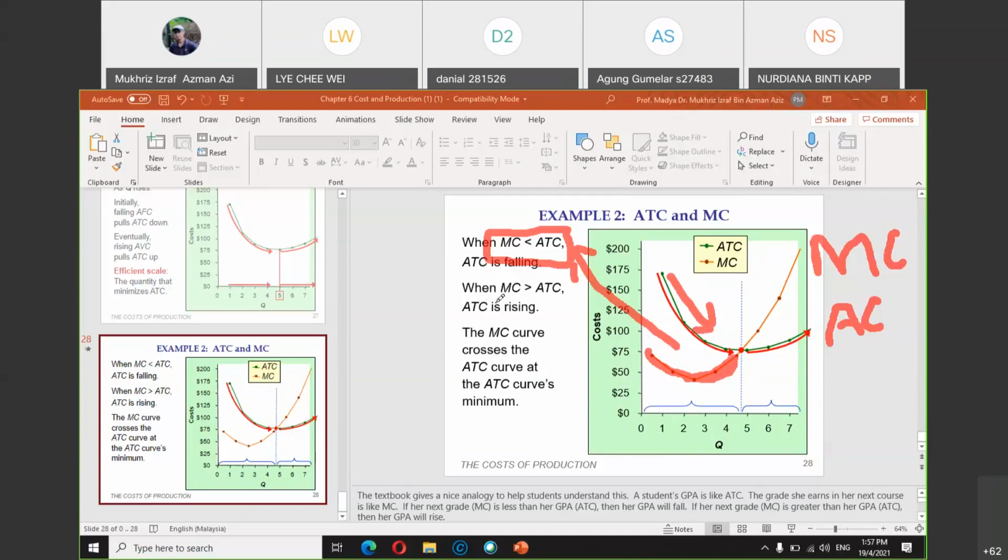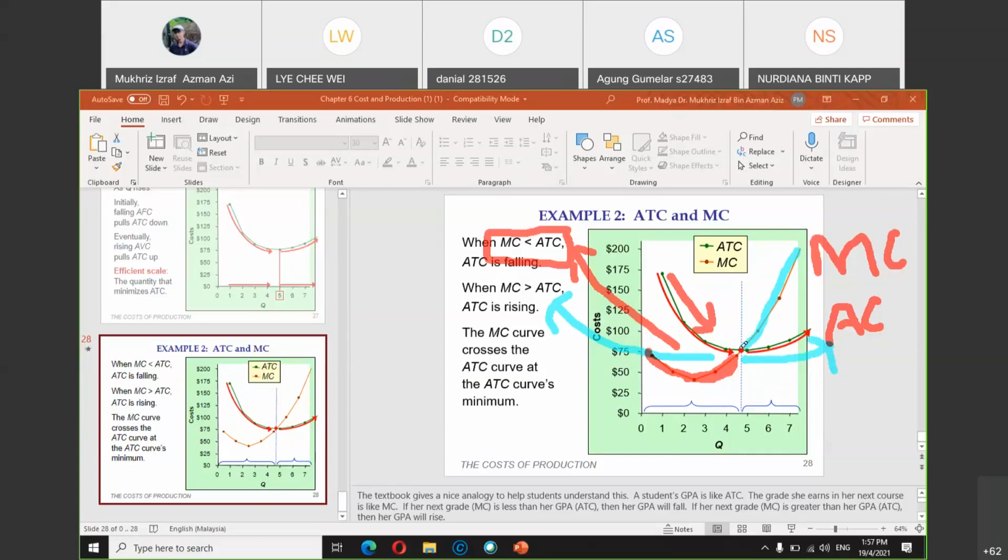But when is MC above AC? This part of the curve. So this part is where MC is above AC. When MC is above AC, the relationship is AC is rising, which is correct because when MC is here, you can see that average cost starts to increase.